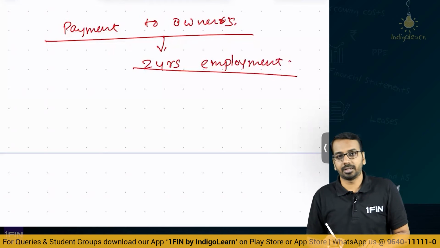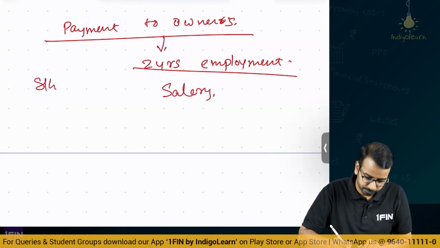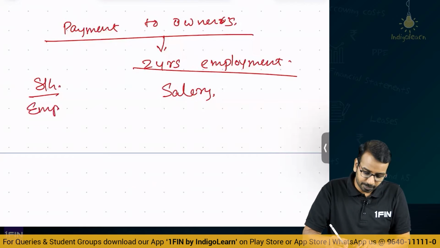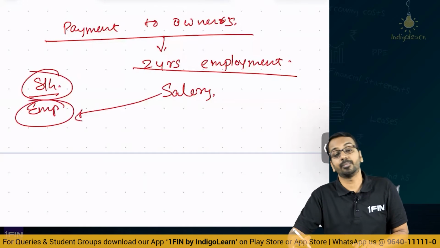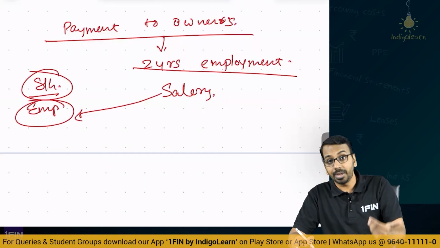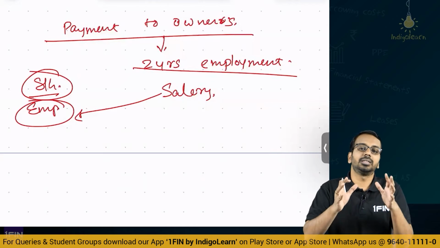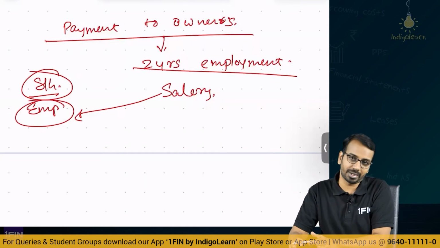They will pay us some salary. This salary that is paid, see, we are shareholders and we are employees. The salary that they are paying, are they paying for us as employees or as shareholders? They are paying because we are employed. So if any payment is made in the capacity of employment, then that is considered to be a part of your normal salary expenditure.